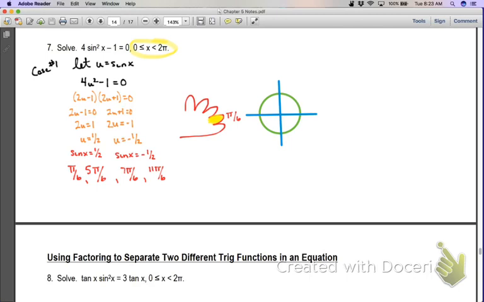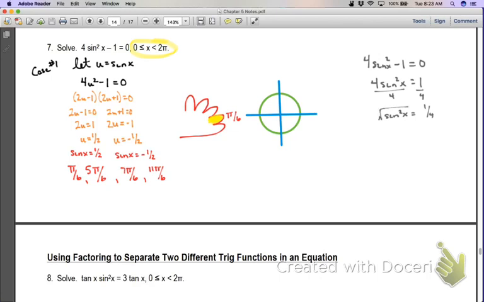The other case, as far as getting to 1/2, would have really been just taking 4 sine squared minus 1 equal to 0 and just solving for sine, dividing by 4. Sine squared x equals 1/4.